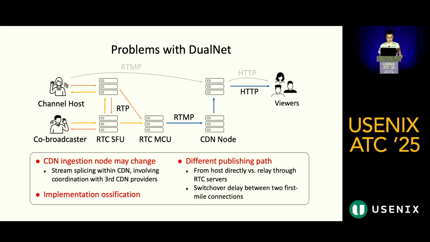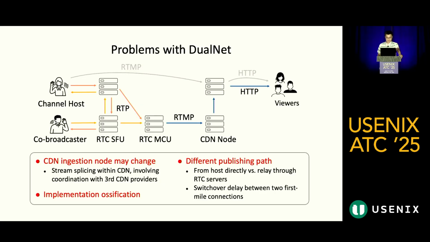After years of operation, we noticed several key issues in DualNet. First, the ingestion node to CDN may change when switching between streaming modes. And second, there are two different publishing paths, one from the channel host in live streaming and another from the RTC server in collaborative streaming.